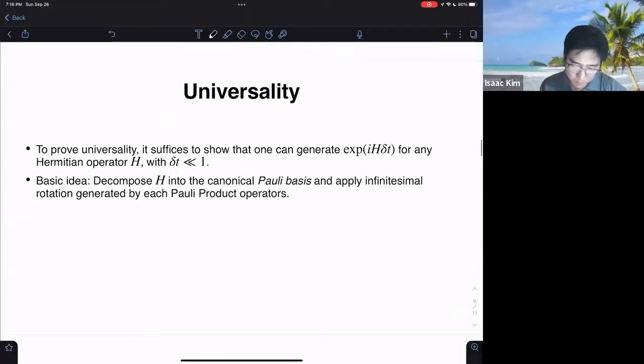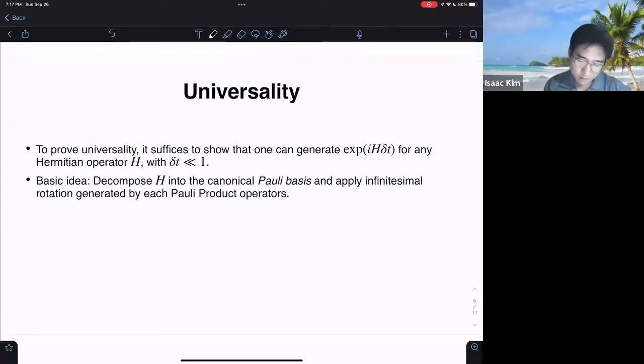Okay. So just to get back to the original context, we were talking about universality. In the classical case, the NAND gates are universal. And in the quantum case, I said that the 1-qubit gates and 2-qubit gates are universal. The way you can show this is pretty straightforward. I will only give you a sketch of the main idea.